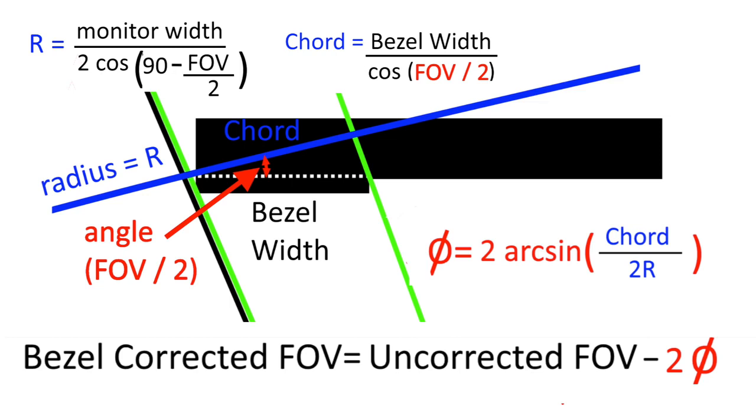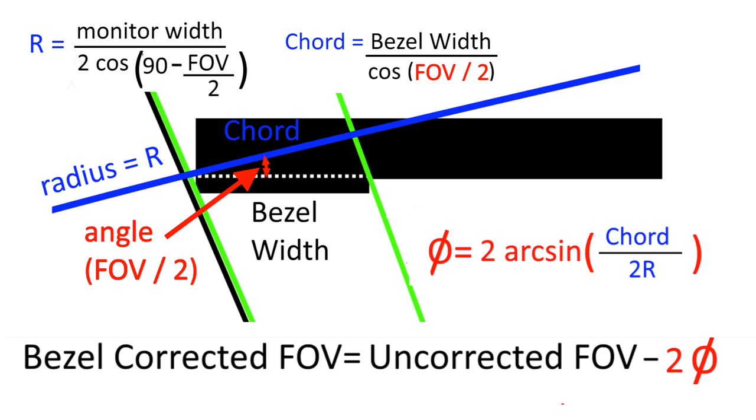Doubling that, as you see in the bottom formula, gives the total bezel width to subtract from the uncorrected field of view to determine the field of view that we need to display in X-Plane so that the monitor displays an amount equal to what we would see visually in the area between the two bezels.